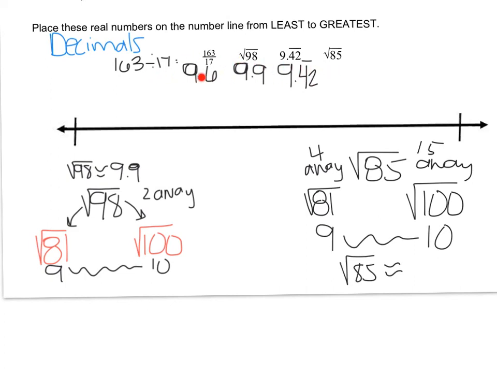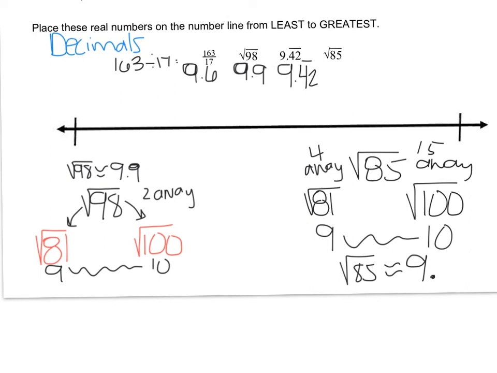Now, check out the numbers we have. We have 9.6, 9.9, and 9.42. What I think is important is understanding if this number is smaller than any of those numbers. I know it's going to be 9 point something. If it's only 4 away, 9.5 would be too big.